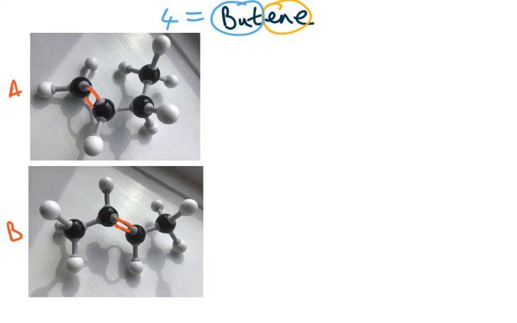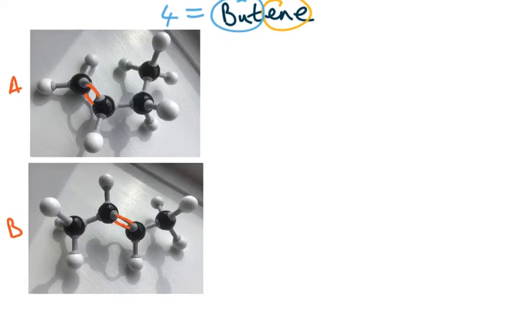What we need to do when we're looking at these types of molecules, you do need to be able to draw out one of these isomers. When you're asked to draw butene, it won't matter which one when we're looking at GCSE level.